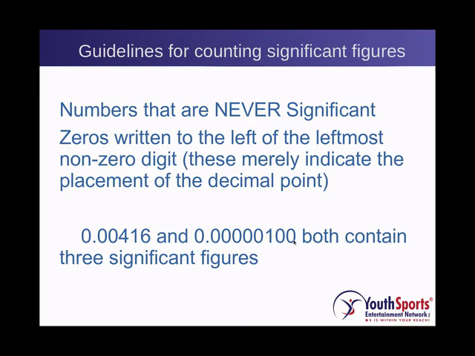But the zeros on the right side, as we have mentioned before, they are considered significant. So this number and this number both have different numbers of digits, but they only have 3 significant figures: 100 here and 416 here. The 4, 1 and 6 and 100 are the 3 significant figures.